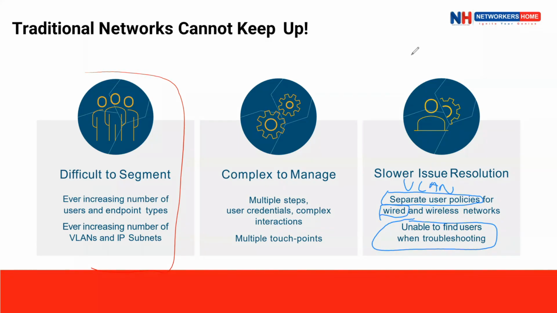Difficult, right? Everyone agreeing on this point till now that yes, today's traditional networks have these problems. I'm sure 99% of them might agree, unless and until they have worked on the software defined part. Perfect.